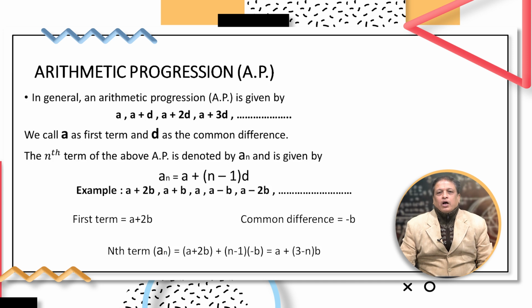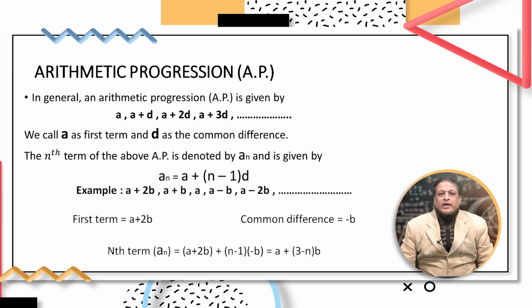Likewise, an arithmetic progression is a progression wherein there is a common difference between the terms. Say we have a progression a, a plus d, a plus 2d, a plus 3d, and so on. Then a is the first term and d is the common difference between subsequent terms.